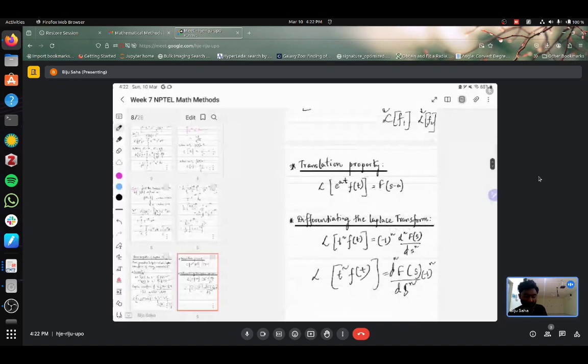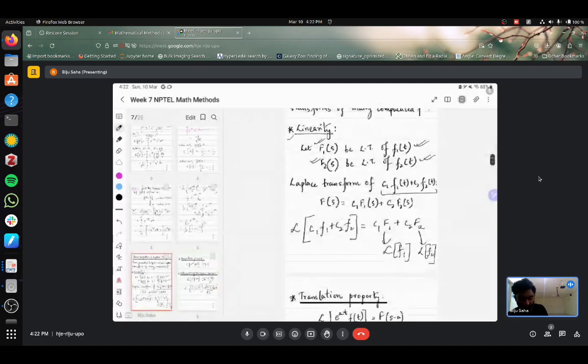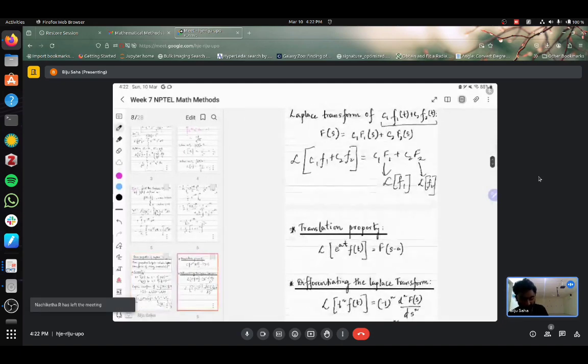Mainly this linearity property and this translation property will be very helpful in solving a few problems.